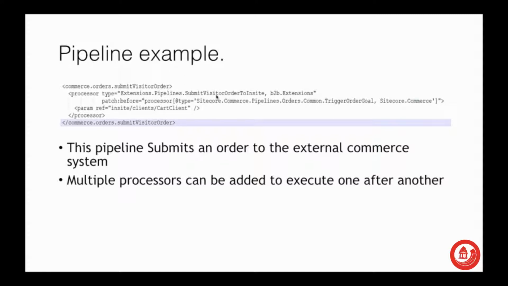In this case, this particular SubmitVisitorOrderToInsight is located in the b2b.extensions library, and when the user on the website clicks on submit order, this pipeline gets triggered, and then the custom code that we have written talks to Insight to create an order in the Insight commerce system.